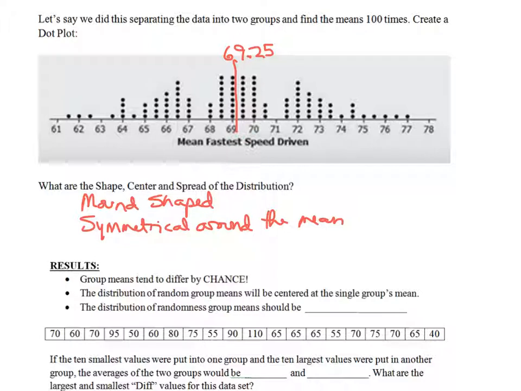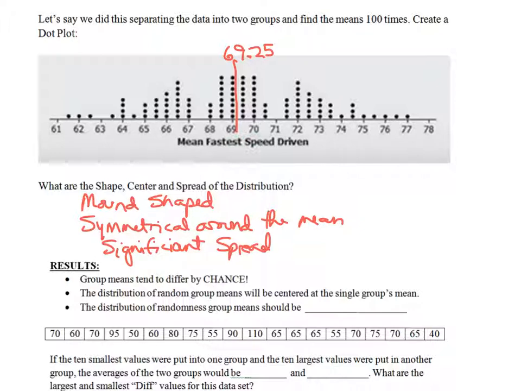And I see that it's got a pretty significant spread. I think I didn't spell significant right there. I got too many I's in that answer. So there's not an I after the C.